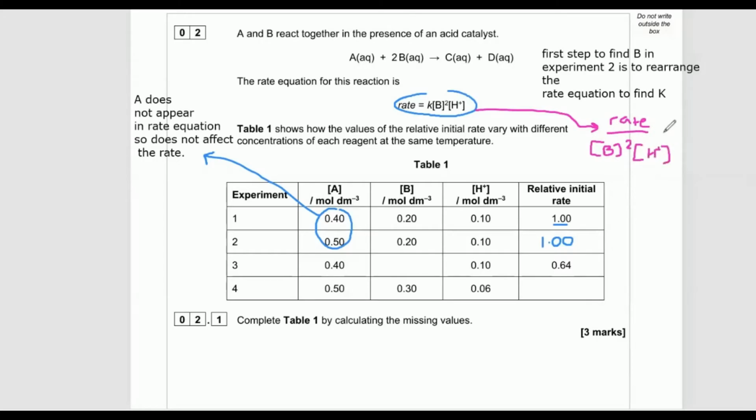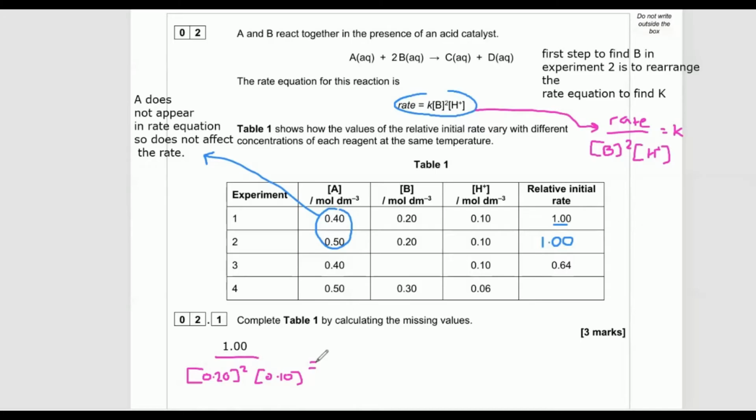So here's the rearrangement. We're going to take rate, divide it by [B] squared, times the hydrogen ion concentration, and that will give us K. So we know that the rate is 1 for experiment 1. We're doing this to find K, so we want to use either experiment 1 or experiment 2.